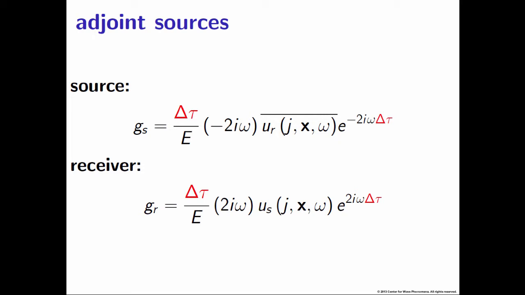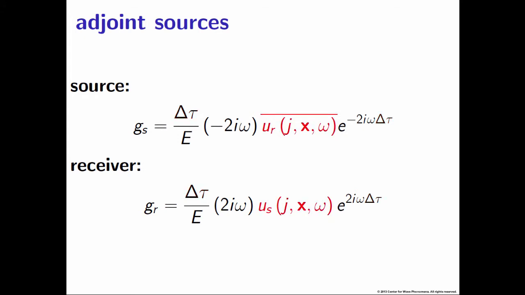The first delta tau, in front of the equation, will give a sign and magnitude to the adjoint sources. And we also have a delta tau which will introduce a time shift applied to the wavefield, so that the wavefields we simulate later will be synchronized with the background wavefields.